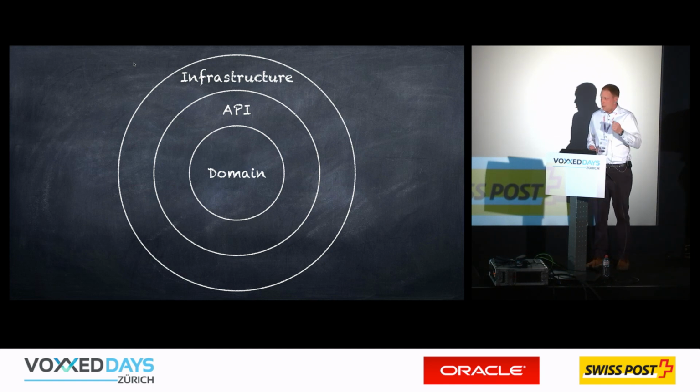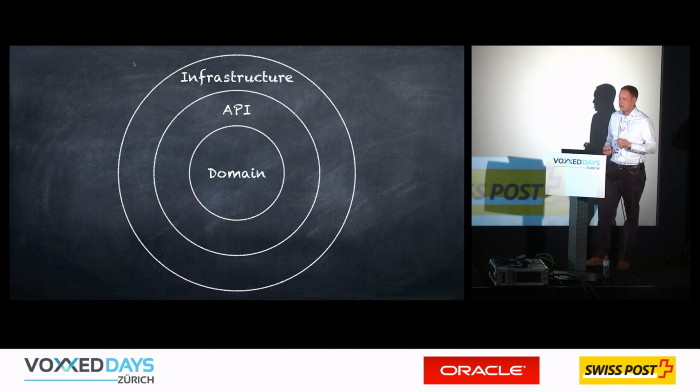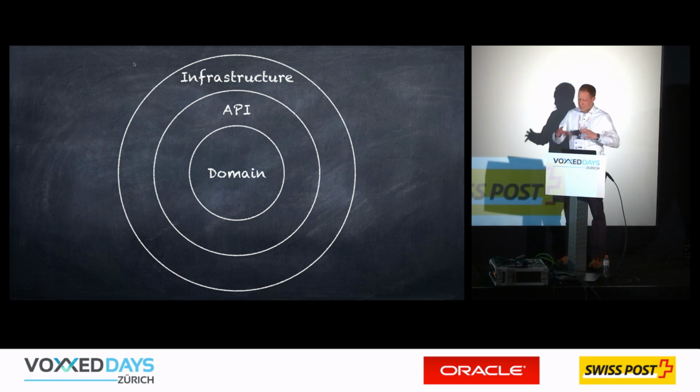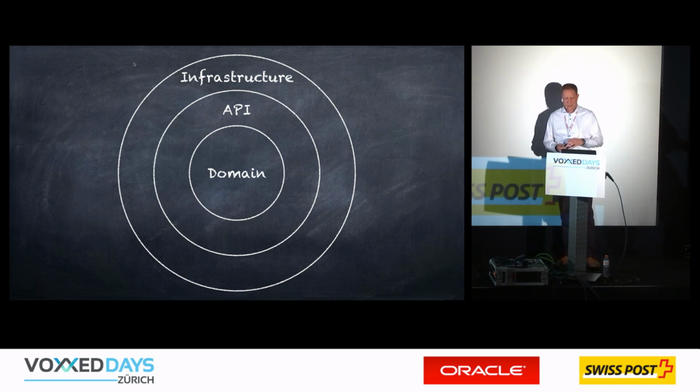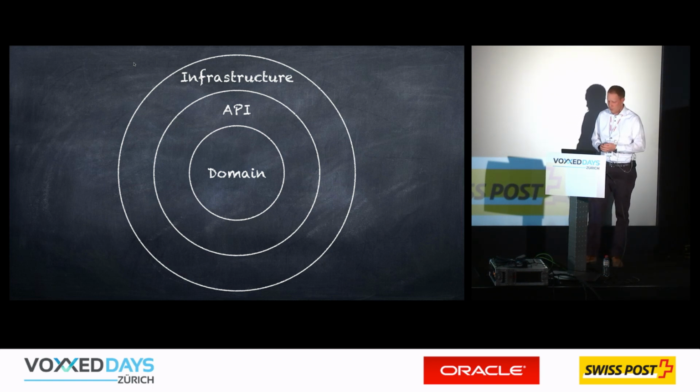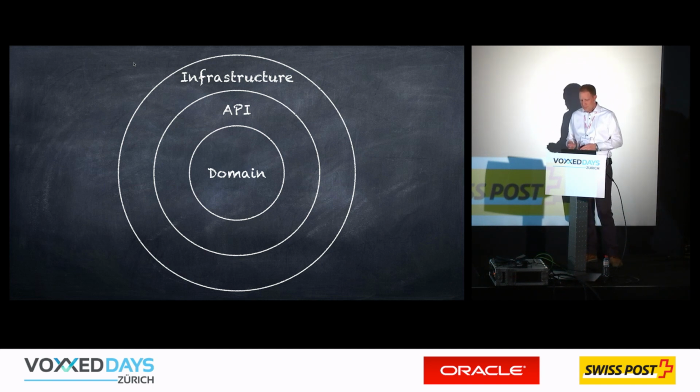And then you have an API layer, and it's not an API in the sense of a REST API layer, but it's a layer of classes that provides an API to interact with your domain. Okay, so from the outside, from the infrastructure layer, you would call these classes to communicate with your domain.